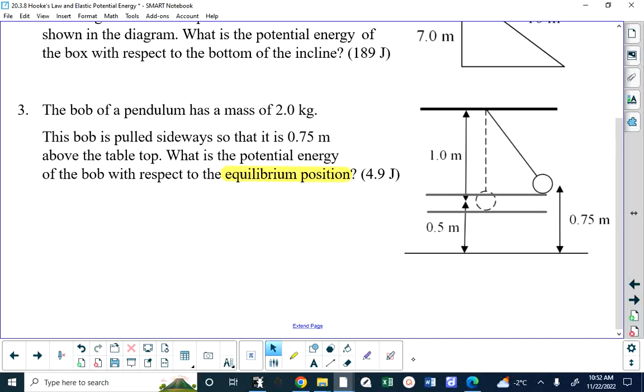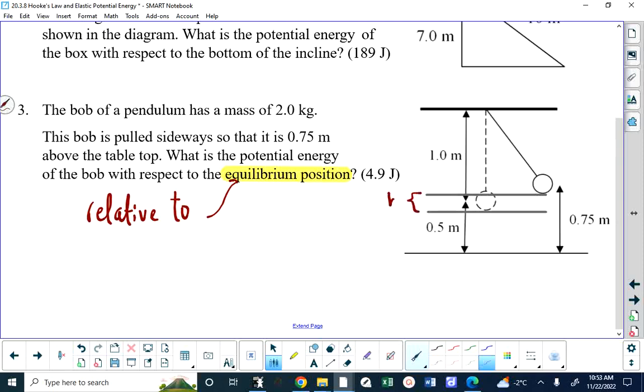If I said to you, what is the potential energy of the bob relative to the tabletop, you would use 0.75 meters as the height. So relative to the equilibrium position means that this is what we're going to use for the height when we calculate mgh. Does that make sense, Sahara?